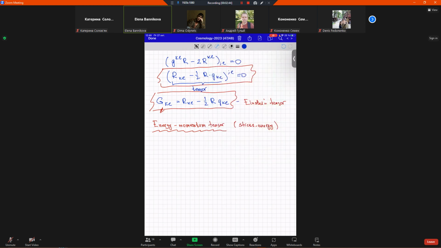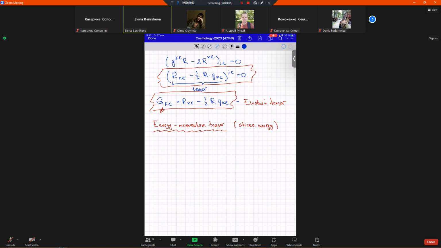So to formulate the problem, we need to include some object which characterizes energy and momentum of the medium.